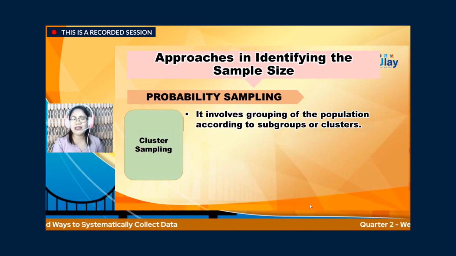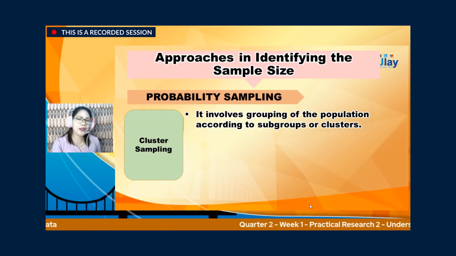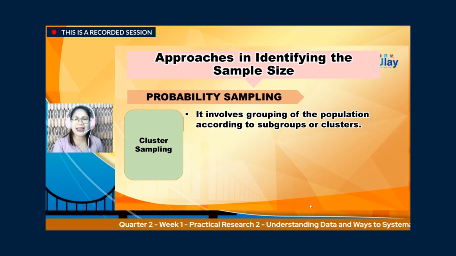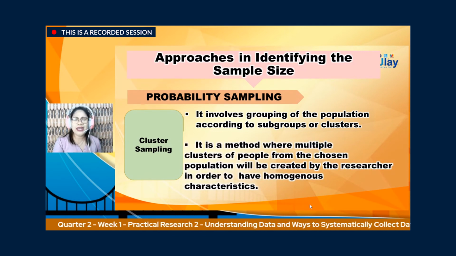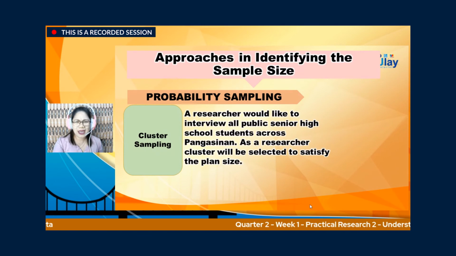Okay. About cluster sampling naman, in here, we are going to have yung subgroups or clusters. So, paano ba yung clustering na yan? It is actually a method where multiple clusters of people from the chosen population will be created in order to have homogeneous characteristics. So, let's take this as an example.